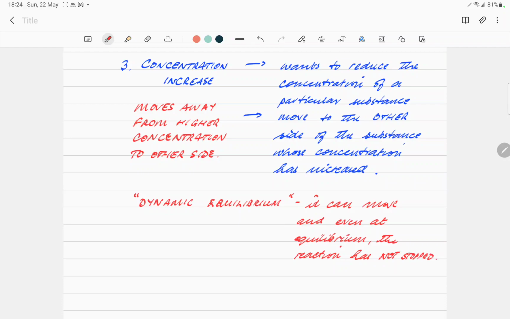That's a common mistake in answering exam questions. The reaction has not actually stopped. Both forward and reverse reactions are still happening at the same time.